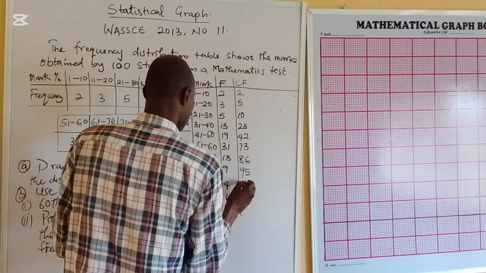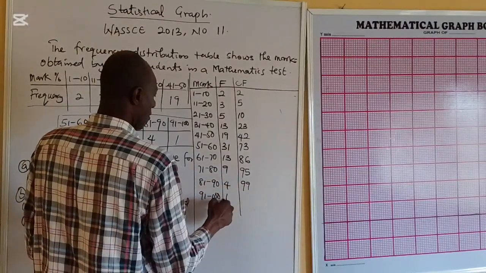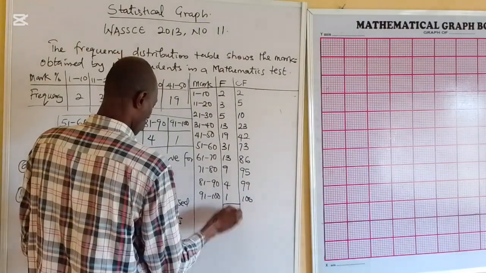When you add 4 to 95, it gives 99. 1 plus 99 gives us 100, meaning that here is 100.